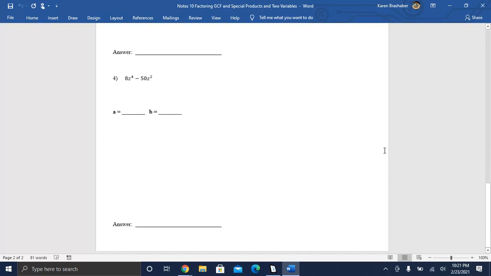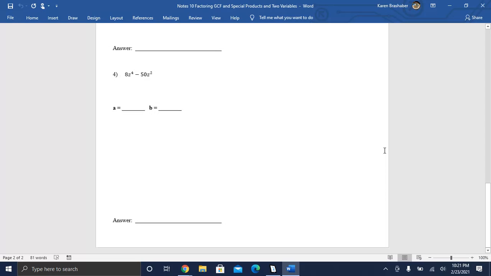So example number 4. Now this one has two terms, so we're not going to split the middle on it. We do need to notice that we have a common factor. We want to divide by a 2, but they also have z to the second power. That is a common factor. So we can divide both of these by 2z to the second power.